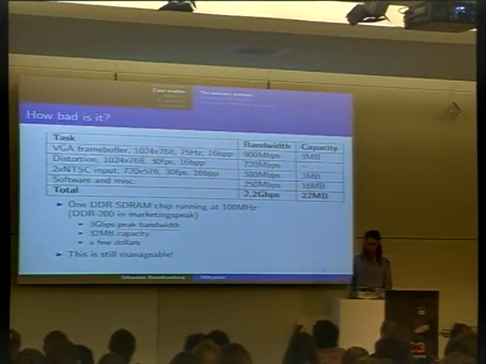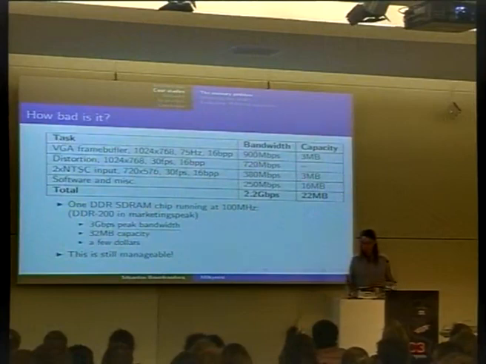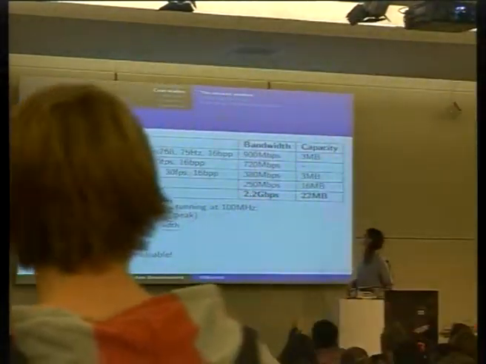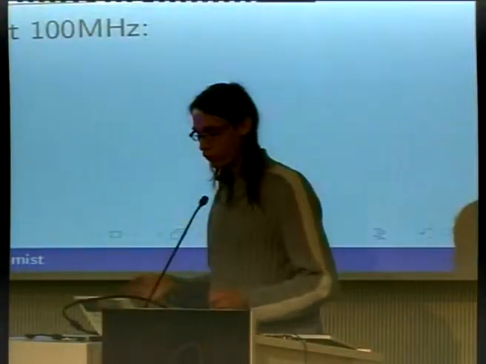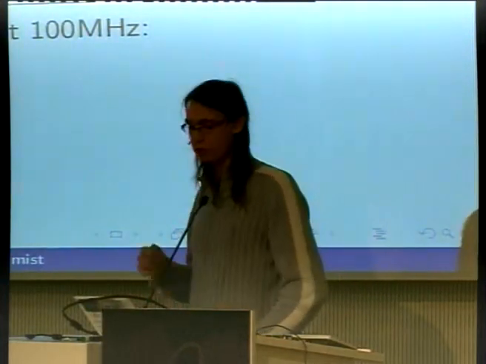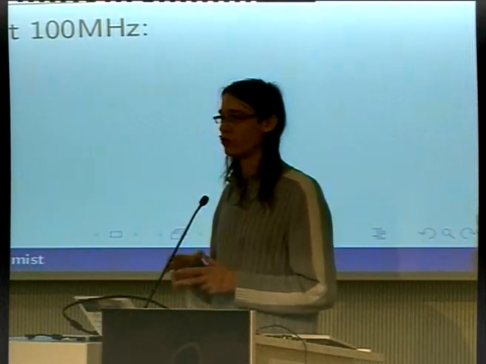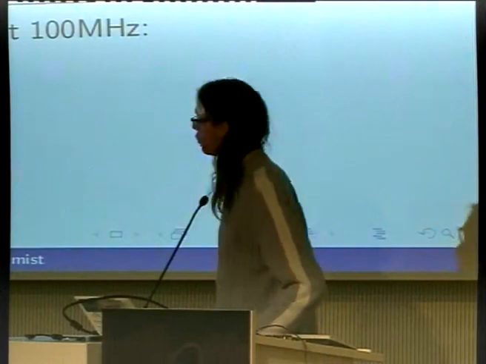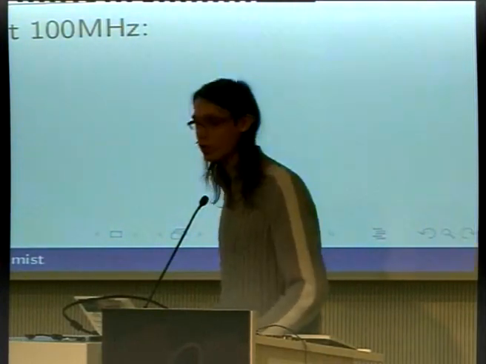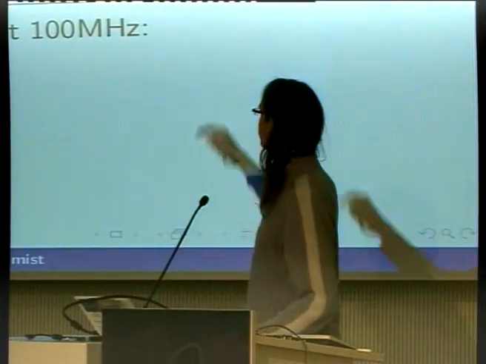Then, as I said, I also needed video inputs. They don't use so much bandwidth because NTSC or PAL video is not so high resolution and not so high frame rate. And finally, for software, for example the graphical user interface, the UART, the sound IO, you need roughly 215 megabits per second. So if you sum up all this, you see that the memory chip must have a sustained bandwidth of 2.2 gigabits per second.